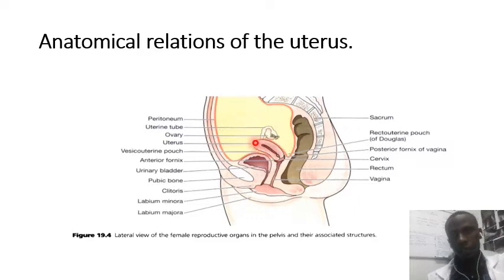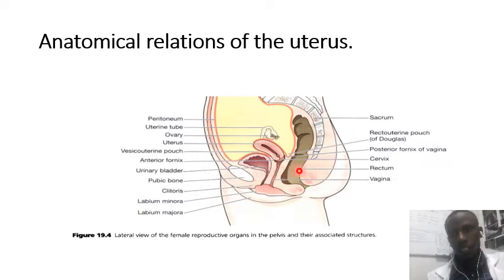It has several roles, but mainly it is a site where the baby grows, or the fetus implants during pregnancy. And it is also an organ whose part called the endometrium does menstruation. So this is the uterus.